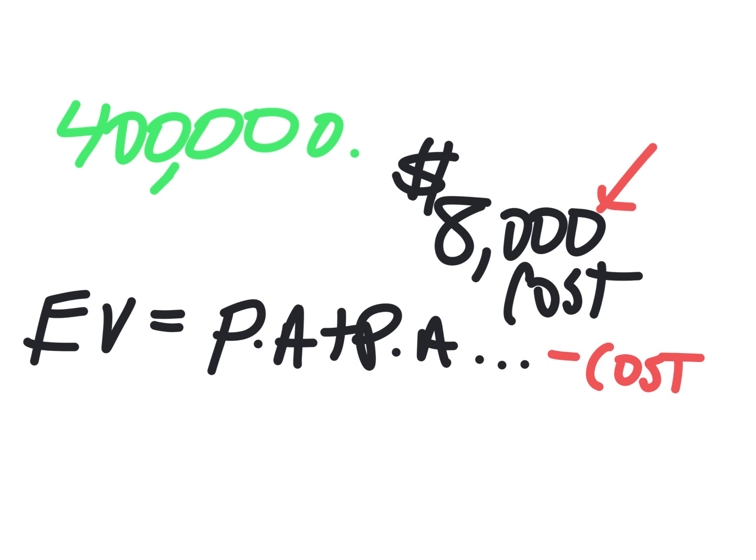Okay, now let's say that the probability that your house actually burns down and you needed the insurance is only a 1 in 100 chance. Now, what's the expected value of the insurance?